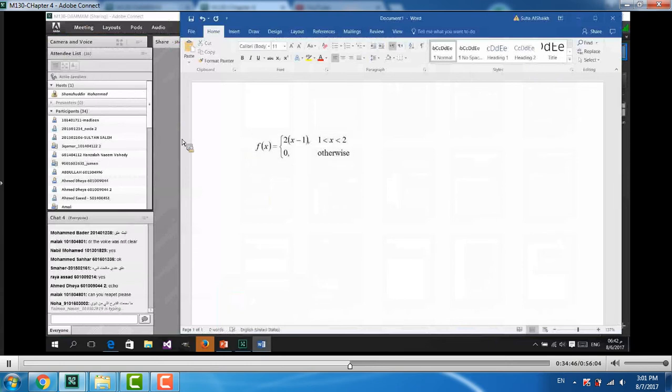So in our case, it is the integration from 1 to 2 of x times fx, which is 2x minus 1. 2 is a constant. We can just bring it outside. We remain with the integration from 1 to 2 of x times x minus 1, which is 2 times the integration from 1 to 2 of x square minus x.